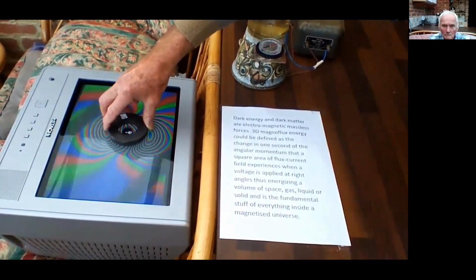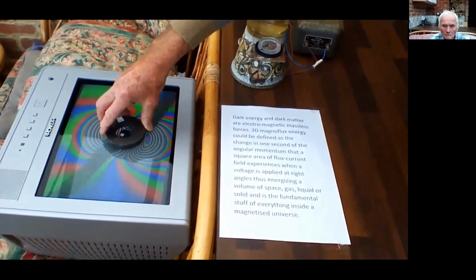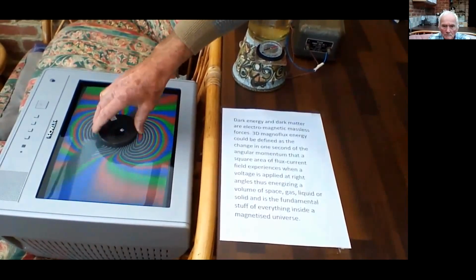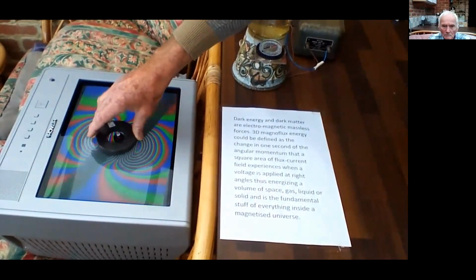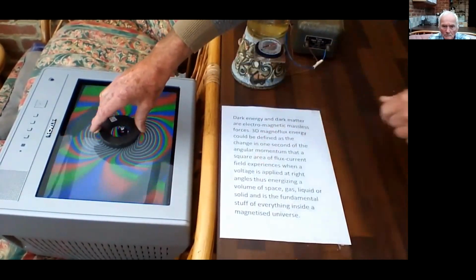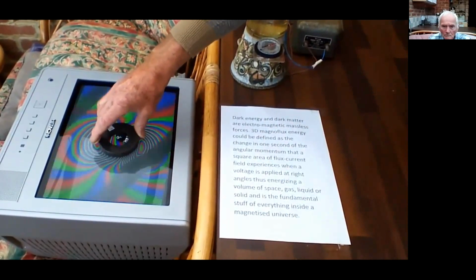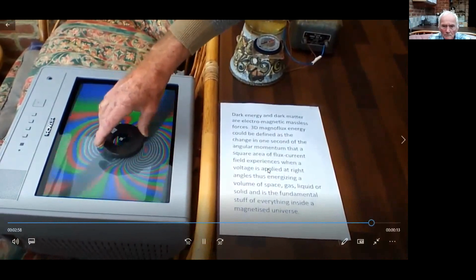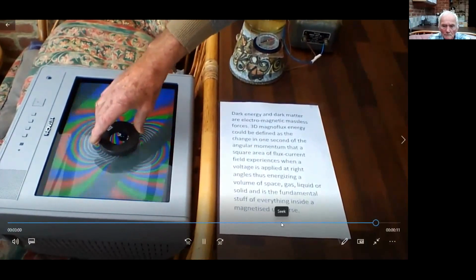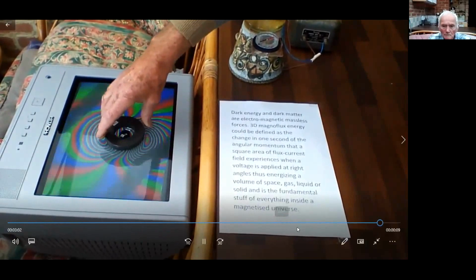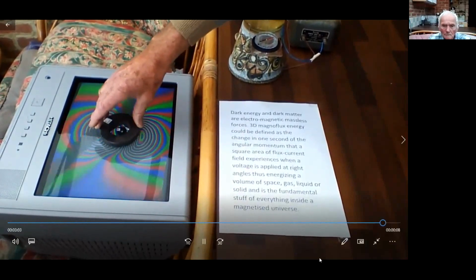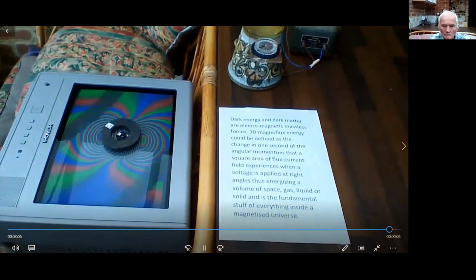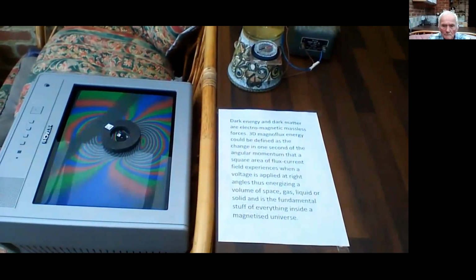So if I then had lots and lots of these tiny magnets inside, they would all spin just like that, but they'd be all spinning together. Now, of course, they would reject each other because they all repel each other, and that's the way that galaxies are. So what we have is a magnetized universe, and that is very, very significant and needs to be looked into by the world of physics and cosmology.